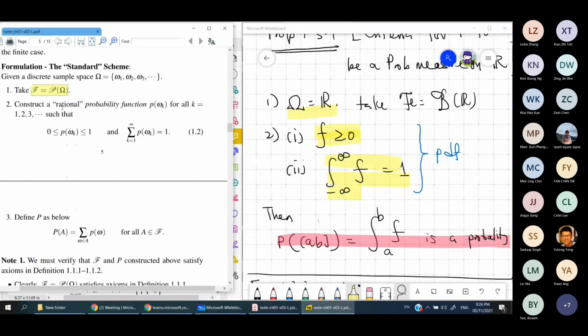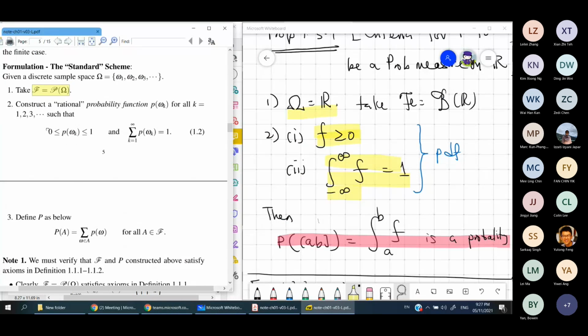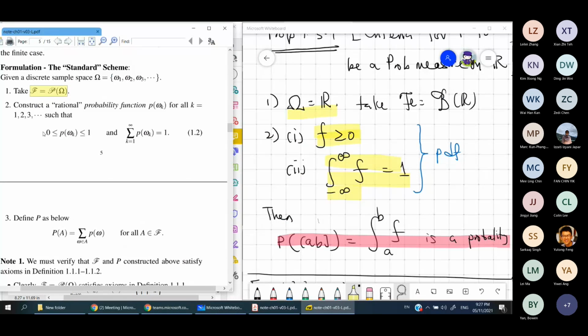Next, we just need to construct a sequence which satisfies these two properties. You can see these two are more or less the same. You can say the summation becomes integration. Just replace the summation with the integration. Then we just define it this way. So it is just like that, discrete and uncountable case.